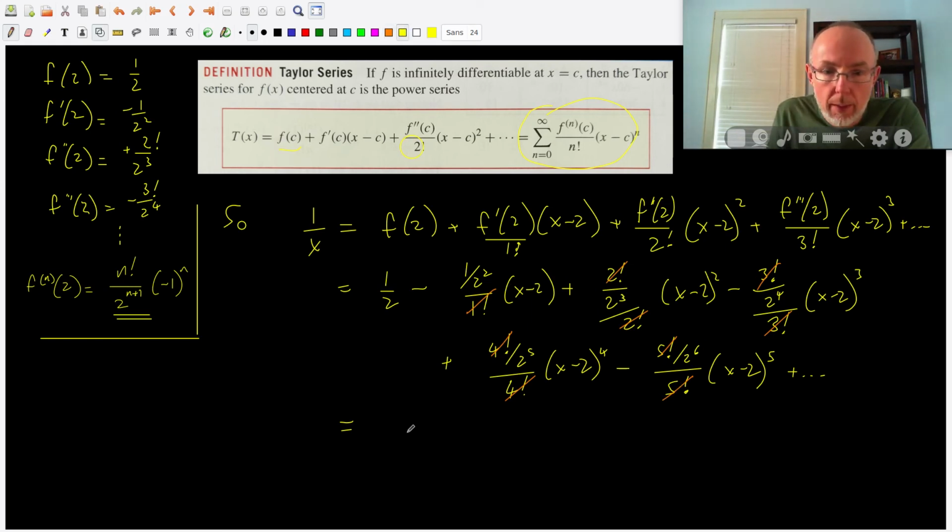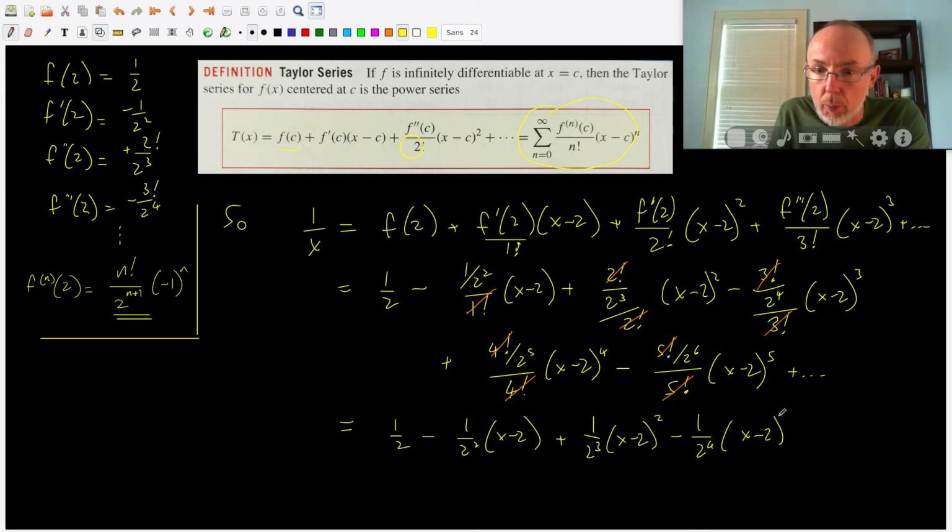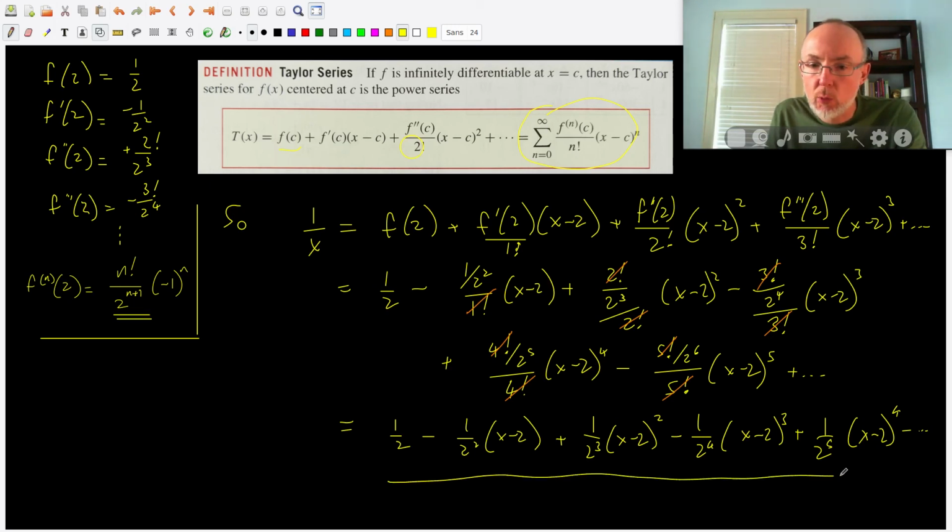They all cancel, so we're left with a half minus 1 over 2 squared, x minus 2, plus 1 over 2 cubed, x minus 2 squared, minus 1 over 2 to the 4, x minus 2 cubed, plus 1 over 2 to the 5, x minus 2 to the 5, minus dot dot dot. Sorry, yeah, did I lose a sign there? No, I left a power. That should have been a 4. Minus dot dot dot. So there's our general series.